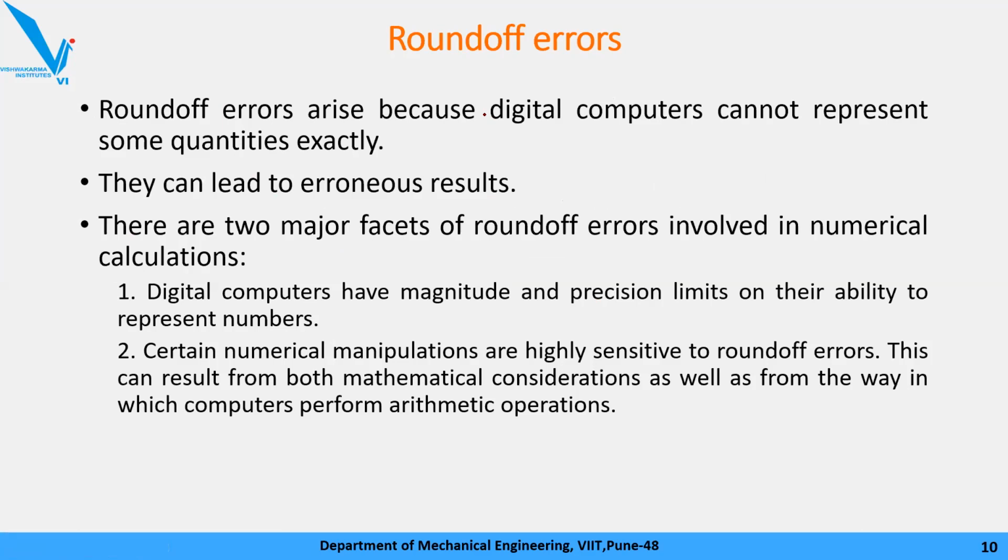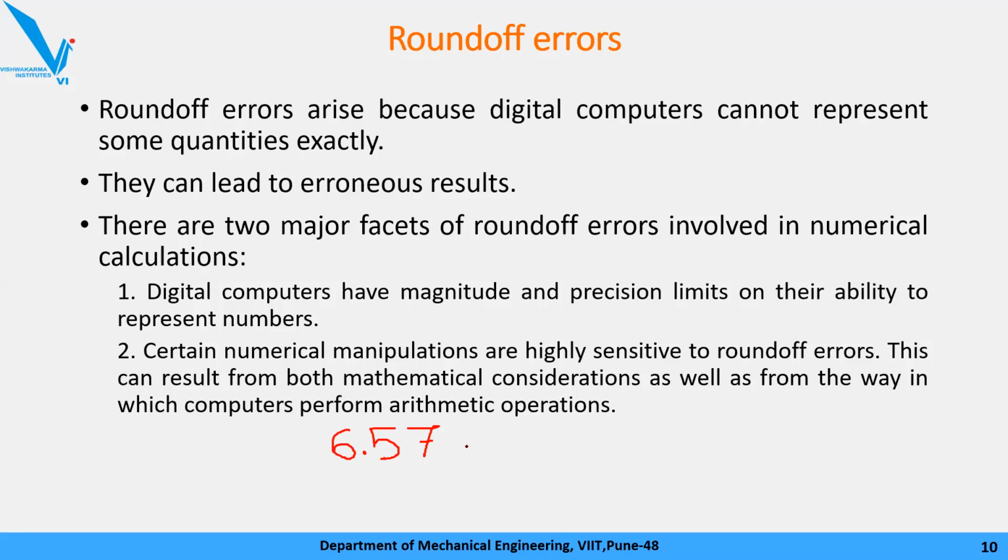I'll explain with a small example, just as a revision. We have 6.57, this is your number. The processing capability of a calculator or ourselves might be limited to only two significant digits.